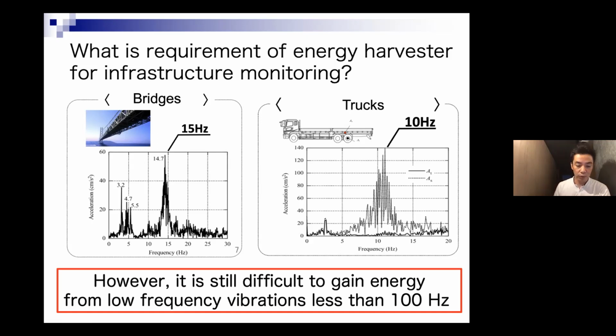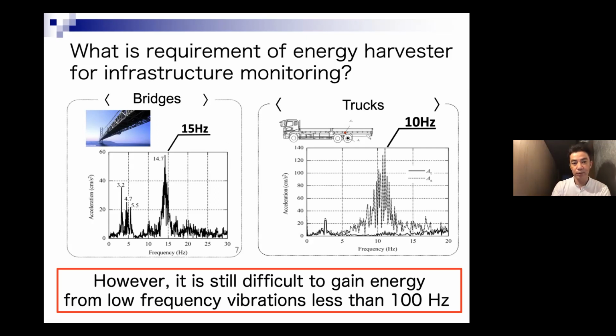Human motion is around 4 Hertz. So we need to develop an energy harvester which creates energy from low frequency vibrations. However, it is still difficult to gain energy from low frequency vibrations less than 100 Hertz.